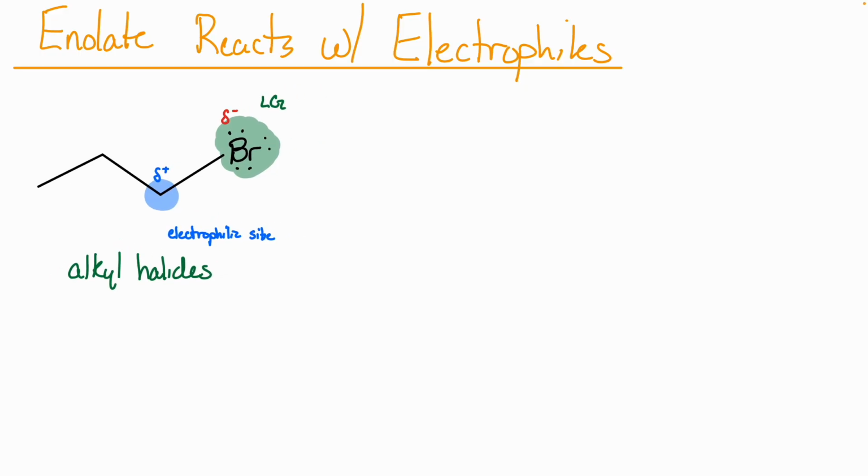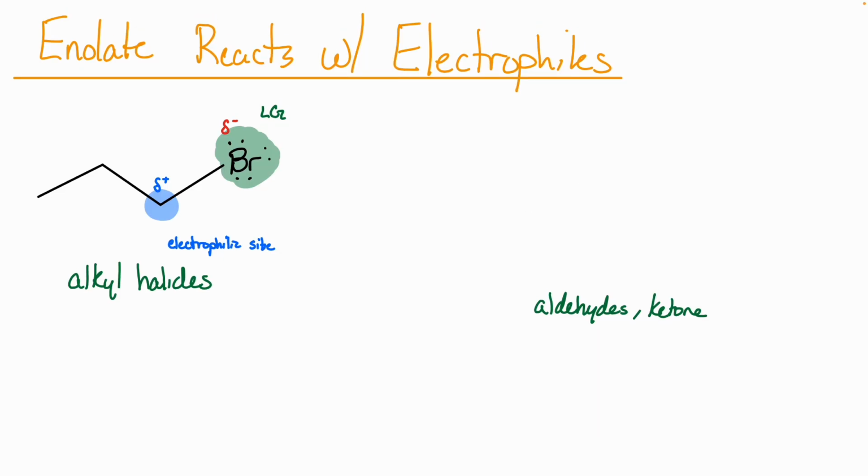Okay, the other electrophiles that we're going to see are our carbonyl-containing compounds. All right, so our aldehydes and ketones. All right, and an aldehyde or ketone has what electrophilic site? Where's my electrophilic site in this molecule? That carbonyl carbon.